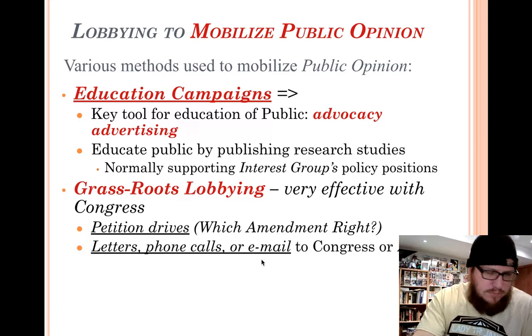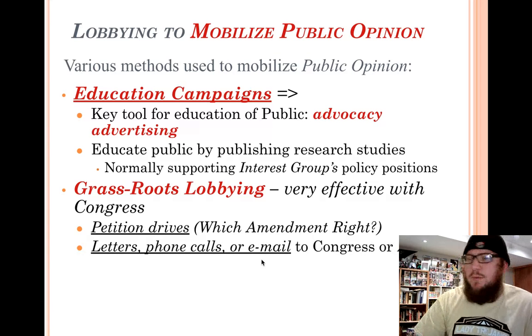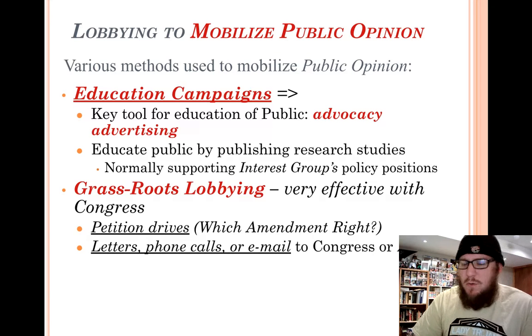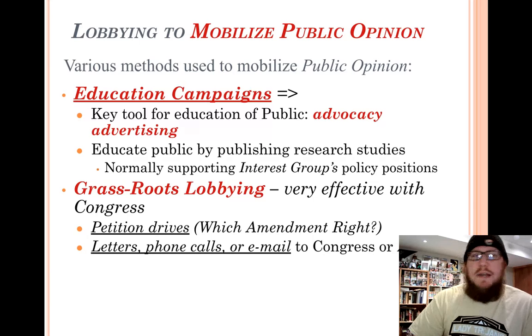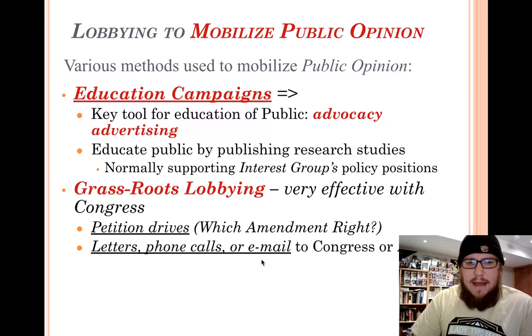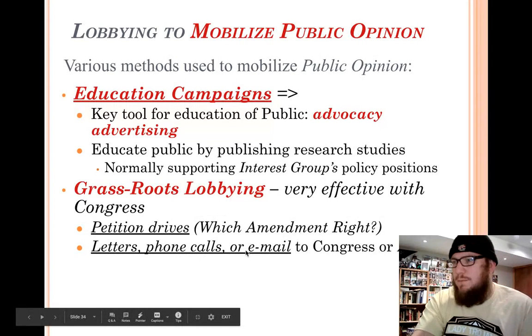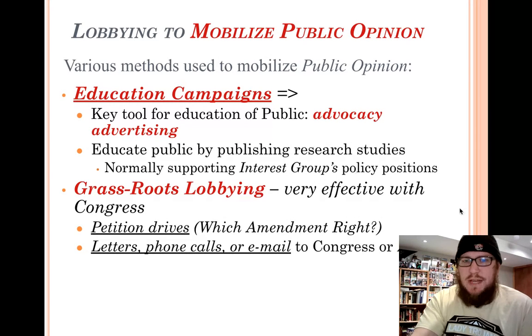Or now, you can get people to call their members of Congress, or more organized interest groups with a good technological infrastructure will have, like, email campaigns where all you have to do is fill out a form and it emails all of the relevant representatives who represent you at the local, state, or national level.